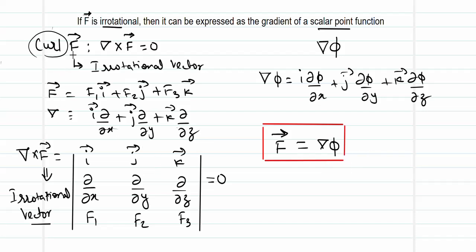This function phi has a special name: it is referred to as the scalar potential of the f vector. And this is the task we are going to evaluate. Okay, we'll move on to apply this to a problem.